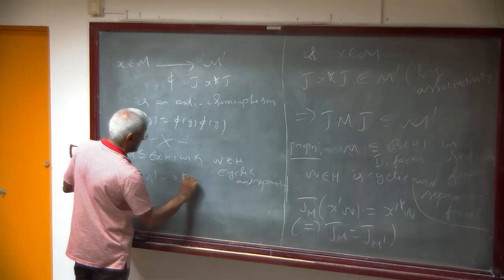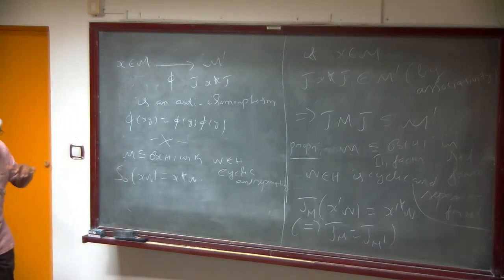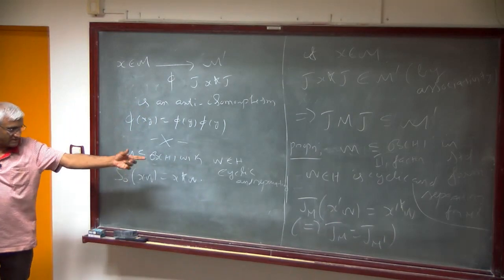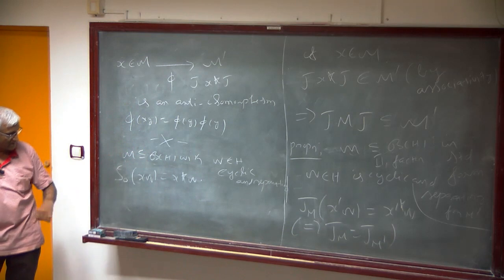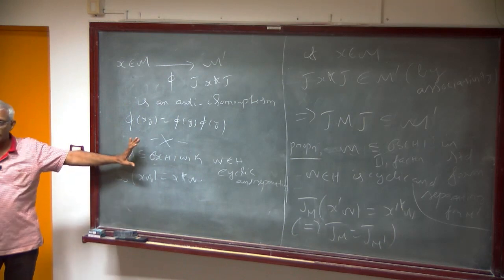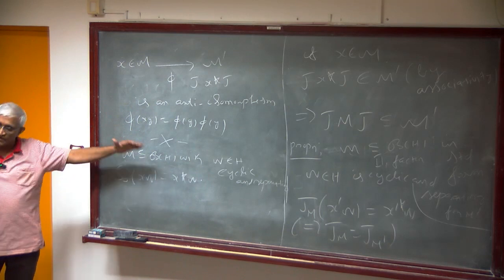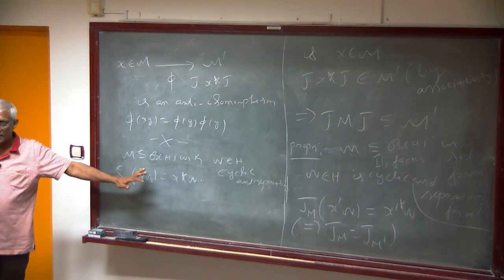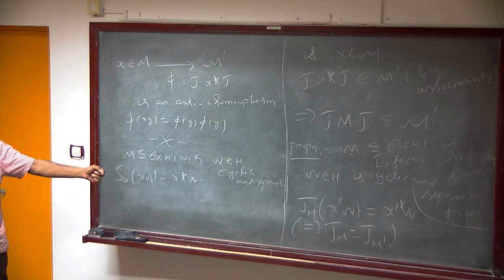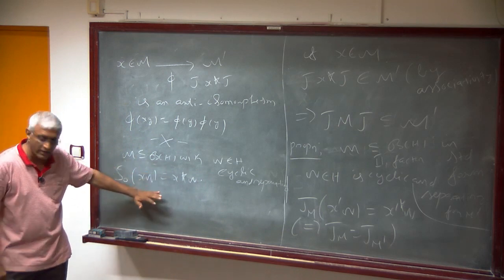S naught x omega equals x star omega. If it's not a type II-1 factor, if it's not a finite factor, if the state is not the tracial state, then it need not extend to a bounded operator. So this will be mostly an unbounded operator. Even for B of H, which is not a finite factor, it is an unbounded operator.